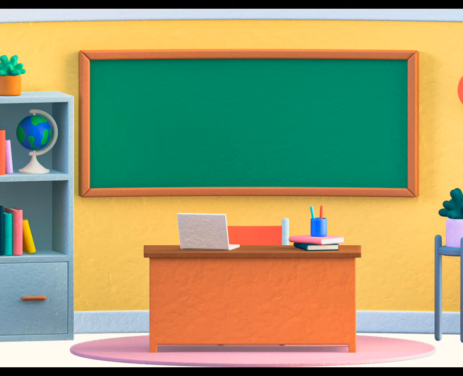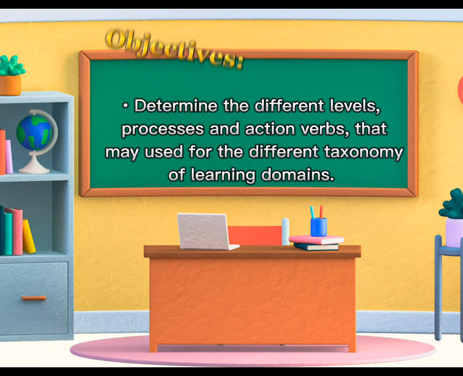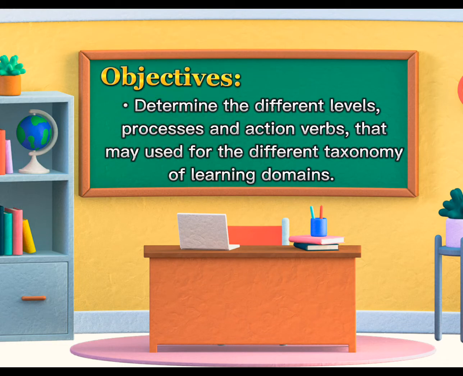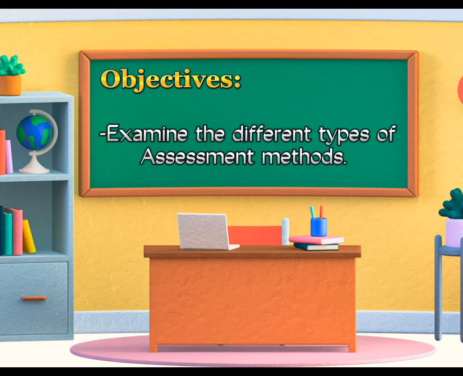To formally start our discussion, let's have our learning objectives. Determine the different levels, processes, and action verbs that may be used for the different taxonomy of learning domains. Examine the different types of assessment methods.